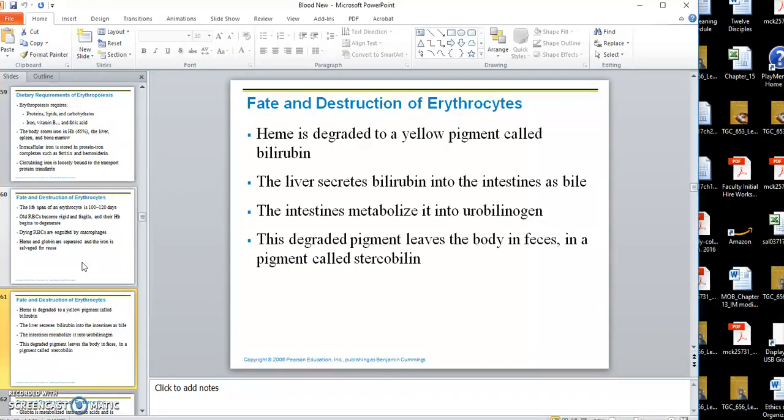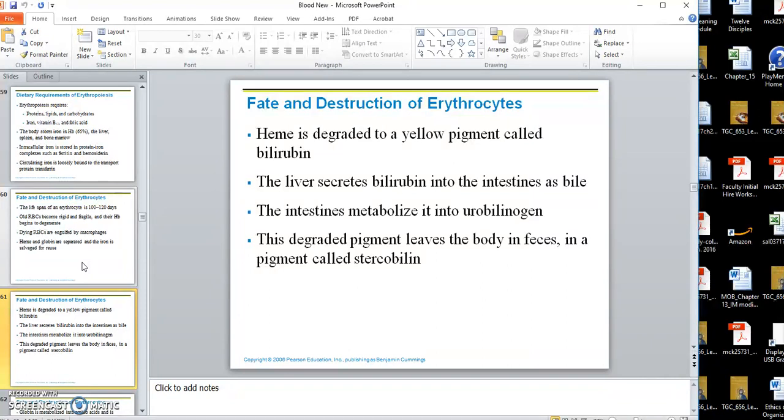Heme and globin are two components. The globin, which are proteins, will be broken down to their basic amino acids, and some of the amino acids will be used by the splenic cells, and others will be transported to be used in other areas of the body. If you have no need for these particular amino acids, then they are destroyed primarily in the liver and broken down to something called urea.